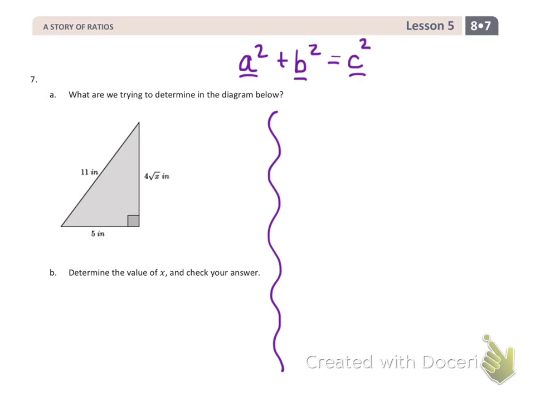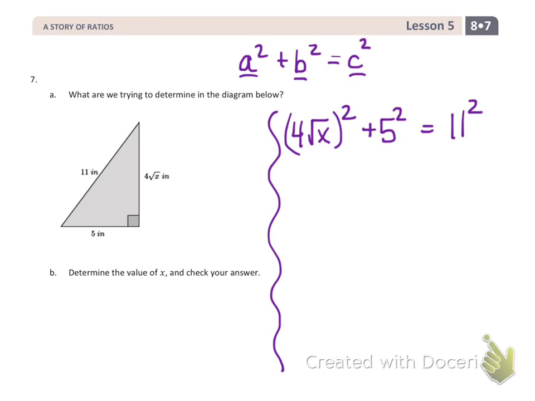Okay, so I've got 4 times the square root of x is one of the legs, so I need to square that. And 5 inches, now these are all in inches, so I'm going to leave the units off. 5 is the other leg, so I've got 5 squared, and that's equal to the hypotenuse squared.